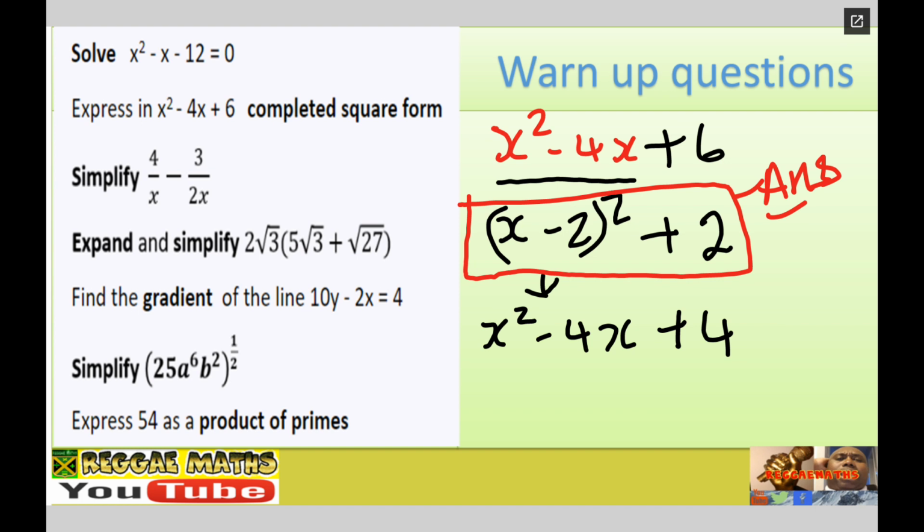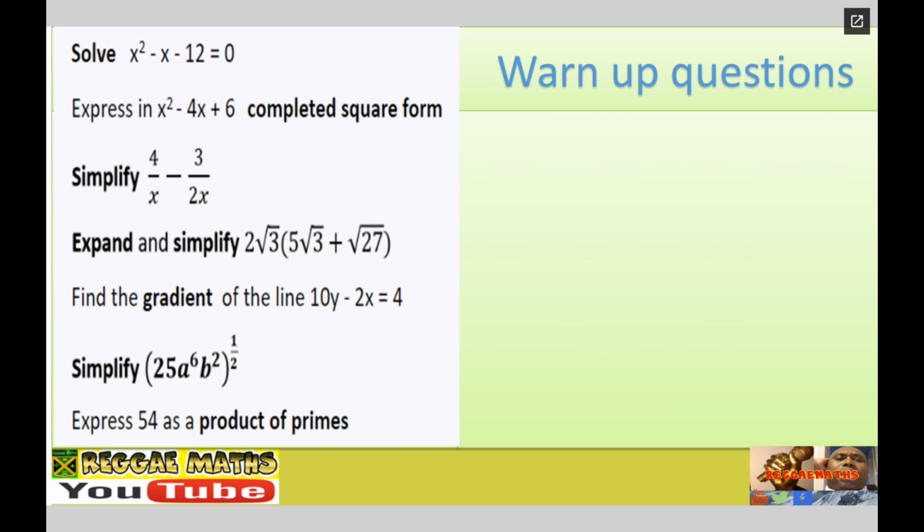Okay. Next question we're going to look at is simplifying 4 over x minus 3 over 2x.